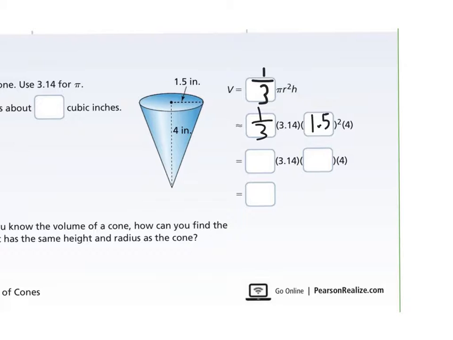If we were working this out, order of operations would say we would need to square the 1.5 first. So 1.5 times 1.5. Okay, good, 2.25. And then we can work the rest of that out. Technically, you could have just typed all that at once in your calculator if you want.